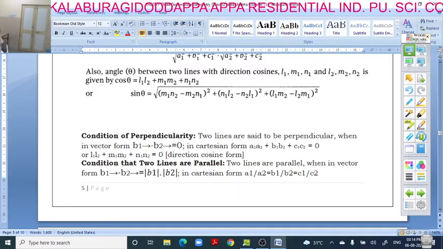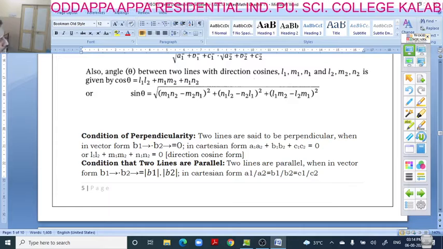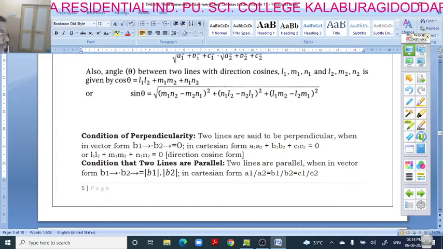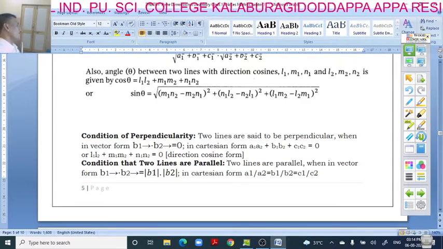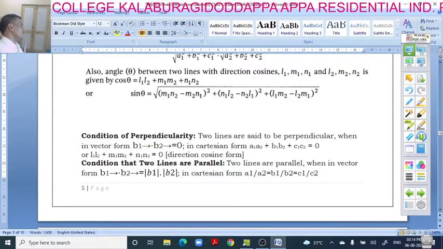As we decide in analytical geometry, if the product of slopes of two straight lines is equal to minus 1, then those two straight lines are perpendicular. In two-dimensional geometry, if slopes are equal, then the two straight lines are parallel. This is what we decide in two-dimensional geometry.